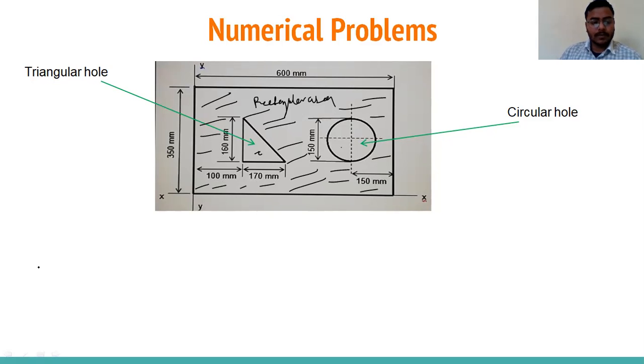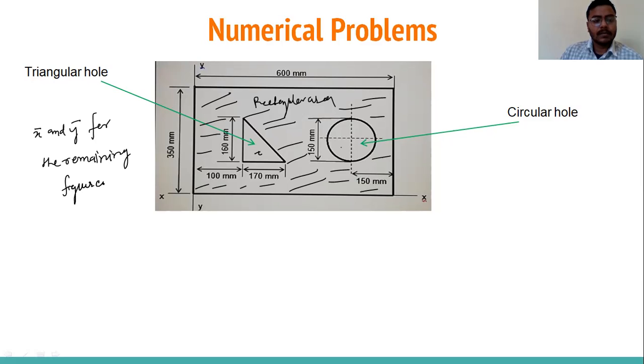So what is our main aim? To find the x bar and y bar for the remaining figure. So how will it come?